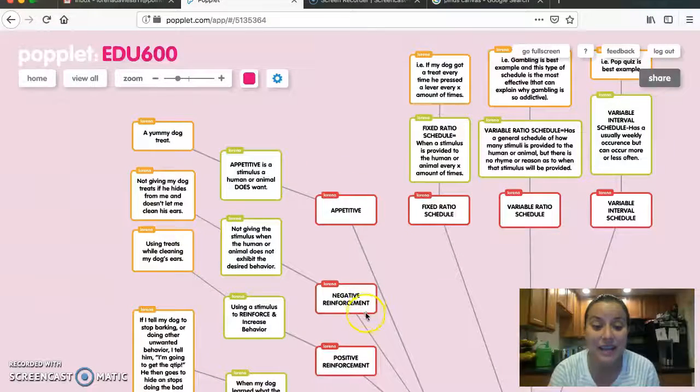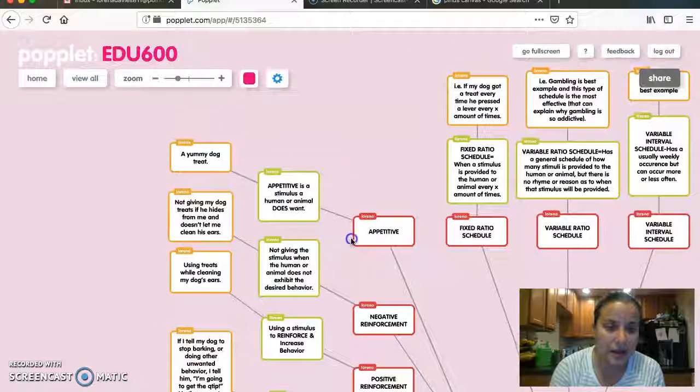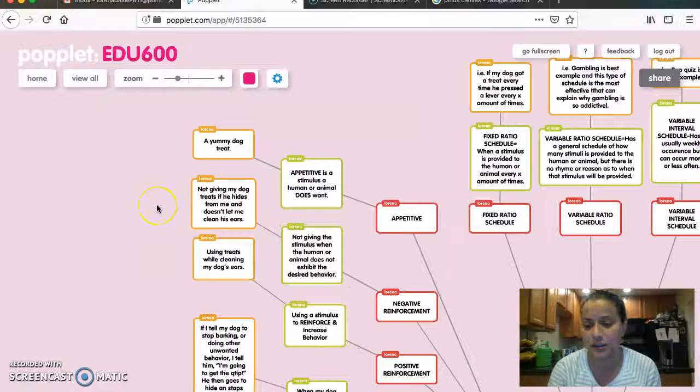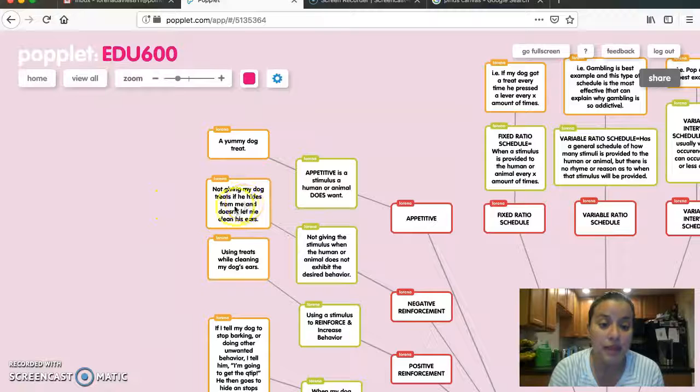Then we also have negative reinforcement. That's not giving the stimulus when the human or animal does not exhibit the desired behavior. I haven't done this because personally I love spoiling my dog, but I try not to spoil him too much, but it's tough. He's so cute. So that would be not giving him treats if he hides from me and doesn't let me clean his ears.